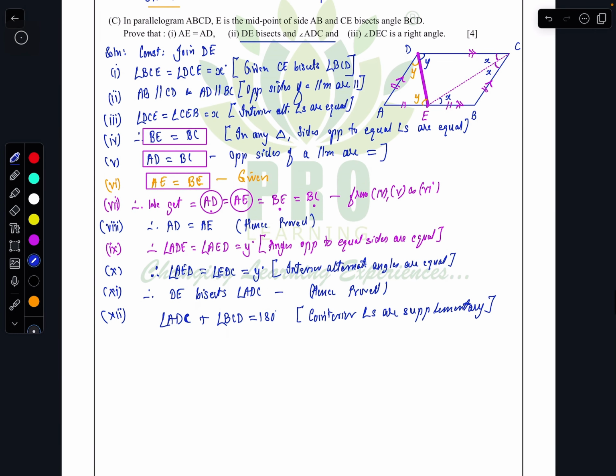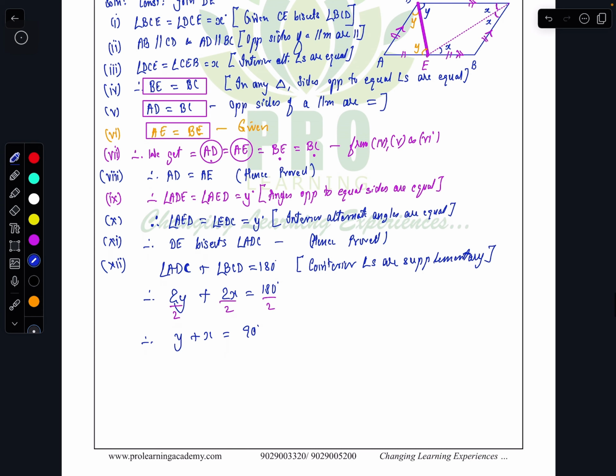But we already know that ADC is 2y. So we will say, therefore 2y plus BCD, which was 2x, makes 180. If we divide each term by 2, this will obviously look like, therefore, y plus x makes 90 degrees. So we have already got one more statement here, which is going to be very helpful to us.